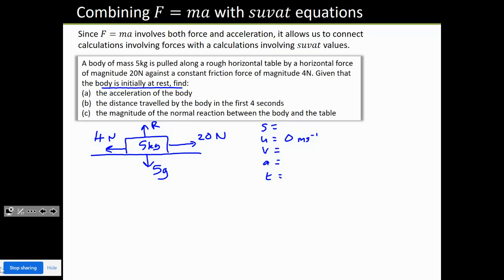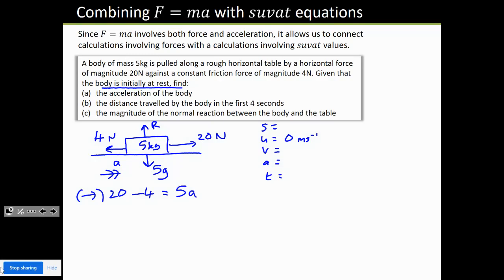So if we want to find acceleration, we know we're accelerating in this direction, because that's where the greater force, the 20 newtons, is. So let's resolve that way. We have 20, take away 4 newtons in total of force resolved horizontally. But that force is equal to our mass, which is 5, times our acceleration, which we don't know.